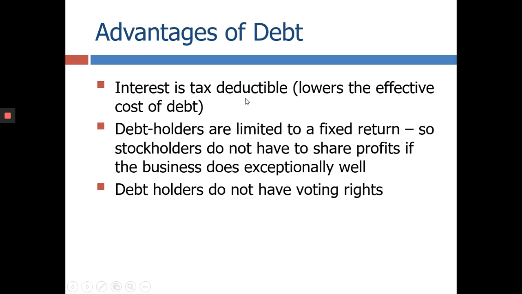When you take more debt and pay more interest, the tax amount will reduce. Because interest is tax deductible, it lowers the effective cost of debt. So remember, when we calculate cost of debt, KD, we always multiply by 1 minus tax. We will learn this later on.